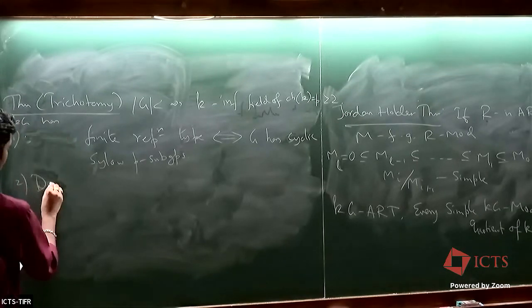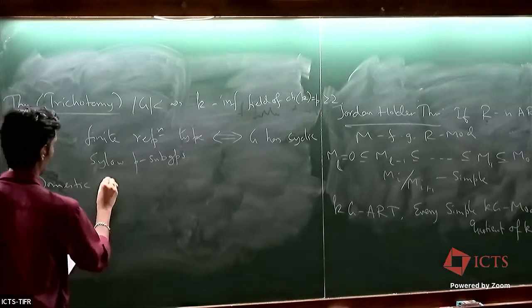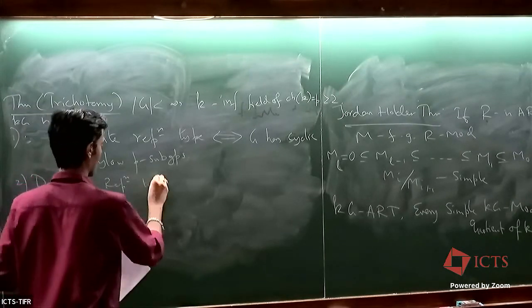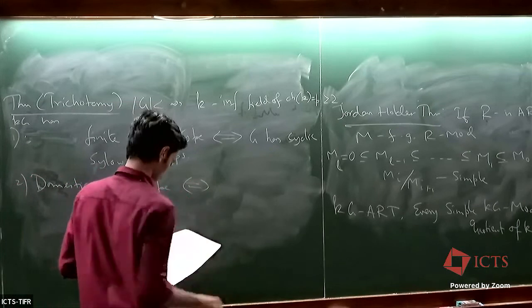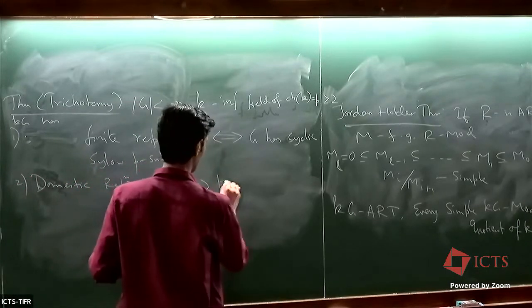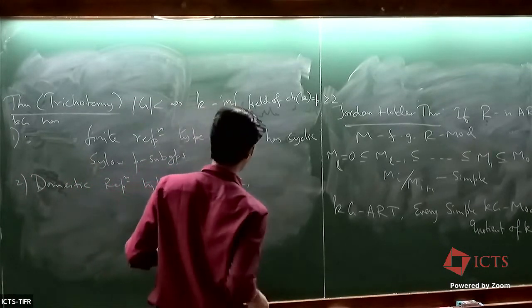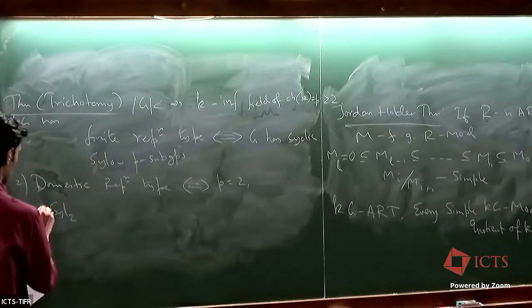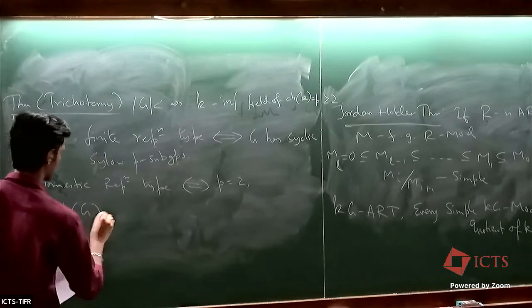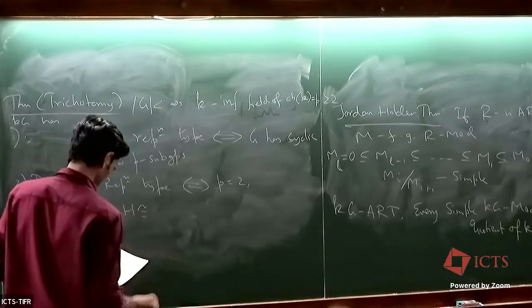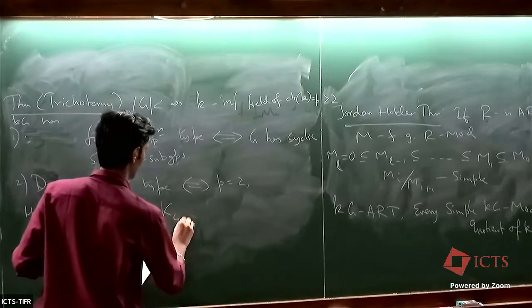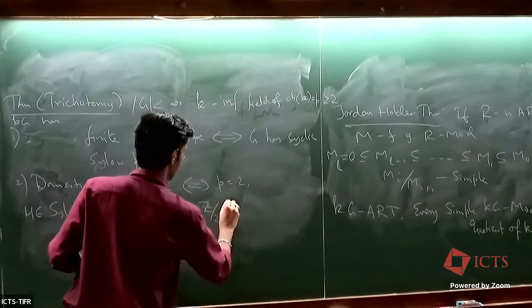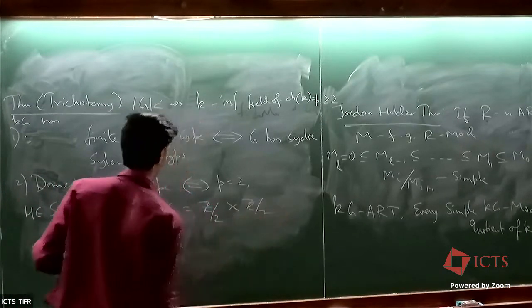any Sylow 2-subgroup of G is isomorphic to the Klein 4 group, which is Z mod 2 plus Z mod 2.